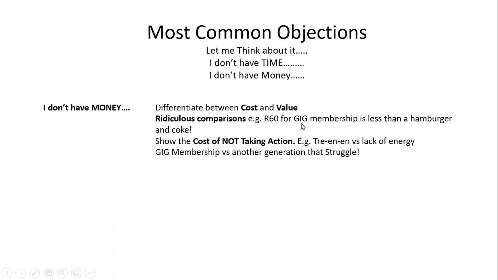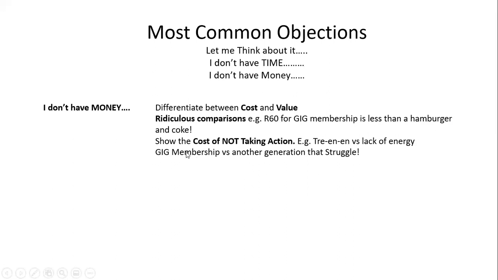If we just take Geek membership for 60 Rand, you can even use ridiculous comparisons like 60 Rand for Geek membership that gives you the intellectual property to take your family from struggle to significance and become one of the founding parents like the Maponias or the Ruperts and Oppenheimers. Compare that to the price of a hamburger and Coke.